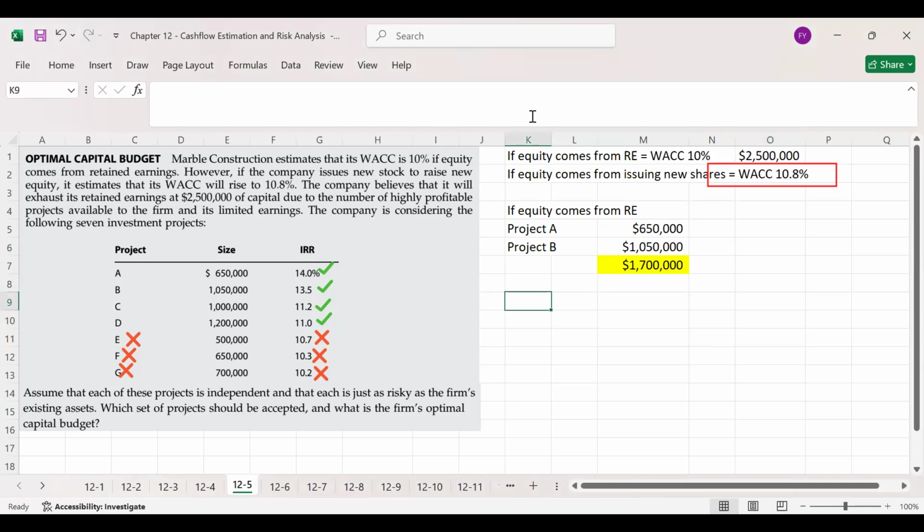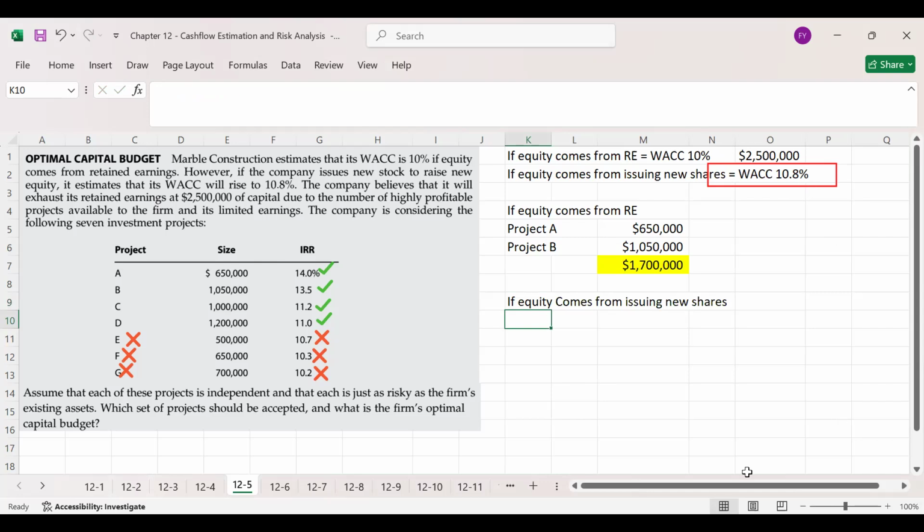However, we have another option, and the other option is we can finance these projects from issuing new shares. So if we finance these projects from issuing new shares, we can finance all four projects whose IRR are greater than the weighted average cost of capital, which is 10.8.